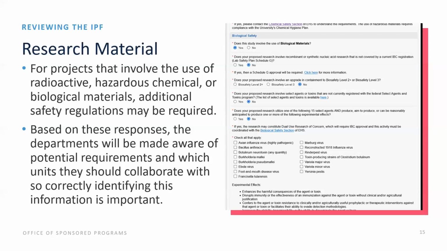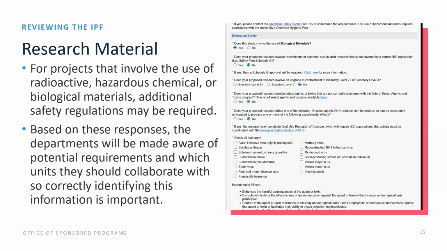Same thing here. Research material, your PI and their research team are going to be the ones who are best able to provide you with this information. And once again, this is really important, because if it's awarded, it is going to notify the proper departments within UNC to make sure that everything is set up so that people are kept safe, so that we are not running afoul of any rules and regulations that might have to do with, say, handling avian flu virus.